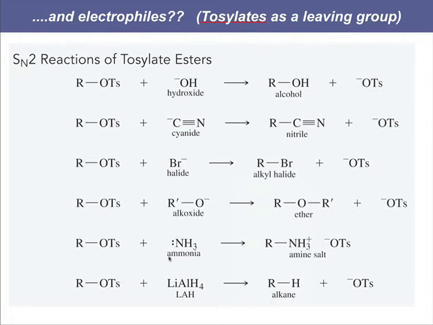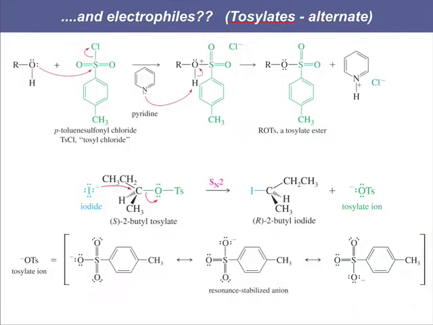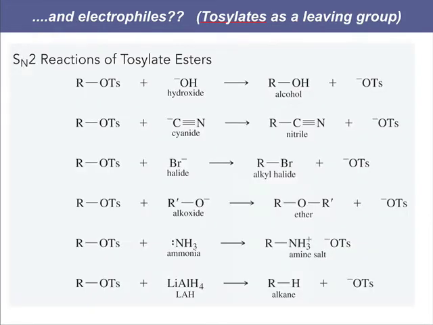Now, remember that in all of these cases, the tosylate would be made from the alcohol. You just take an alcohol, ROH, react it with tosyl chloride, TsCl, and you get the tosylate. And then in a second step, you introduce the tosylate to a nucleophile of your choice, and you convert it into a new functional group. So think of this as a reaction map.